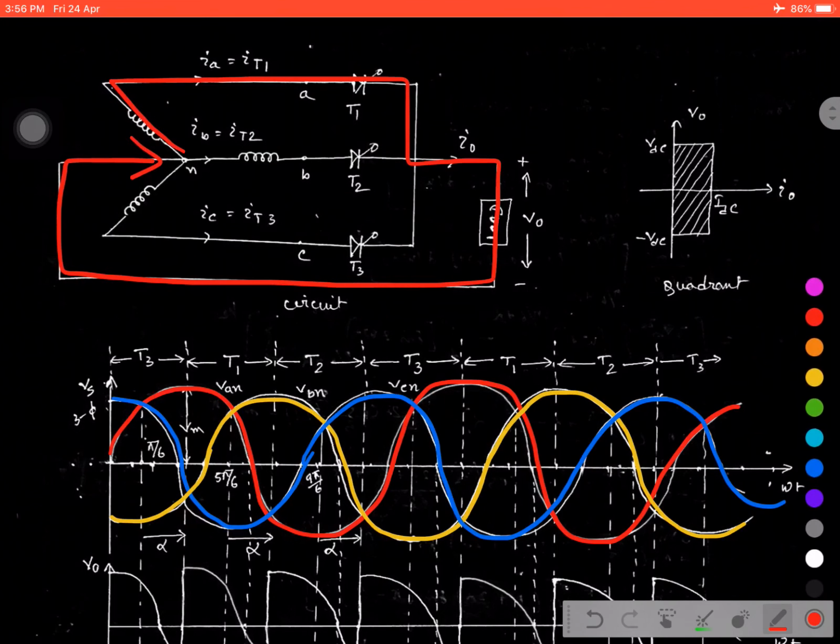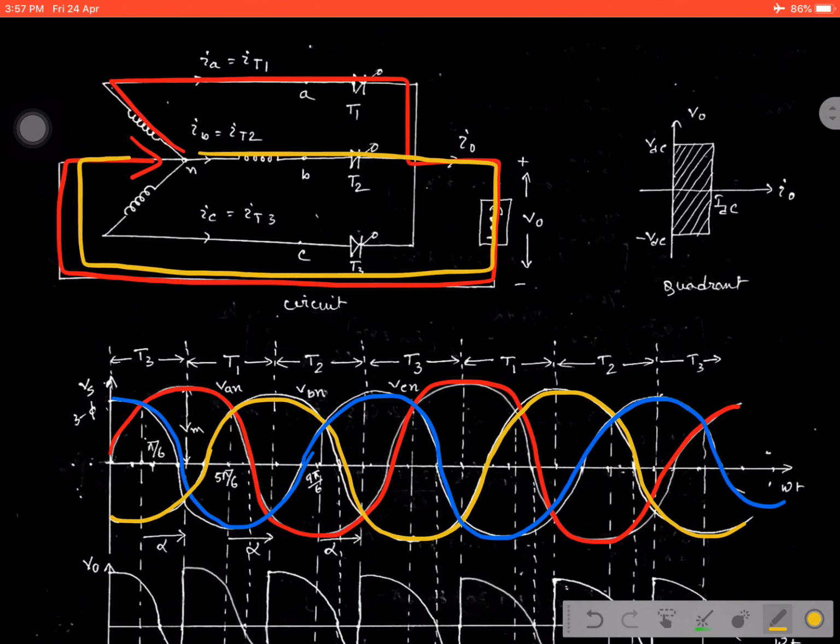Similarly, when T2 is fired, the current starts flowing from phase B, T2, then load, and then coming back to the neutral point. Similarly, it will happen for the phase C when the switch T3 is triggered.